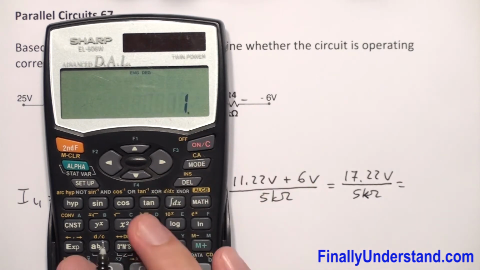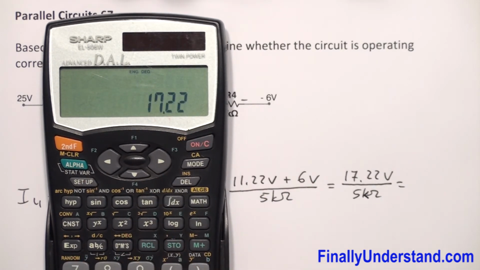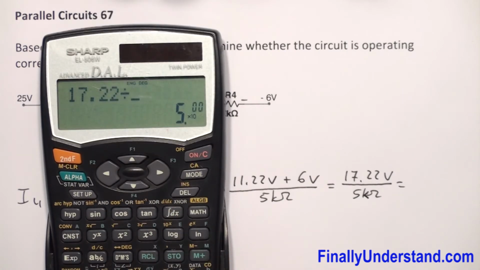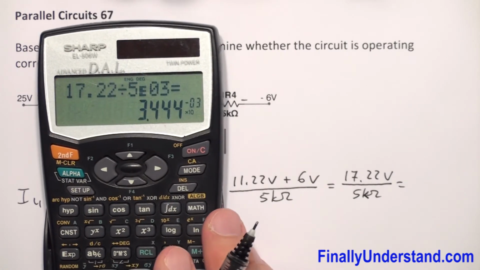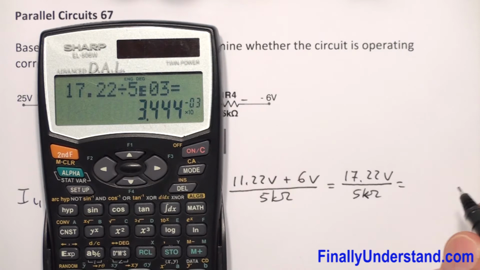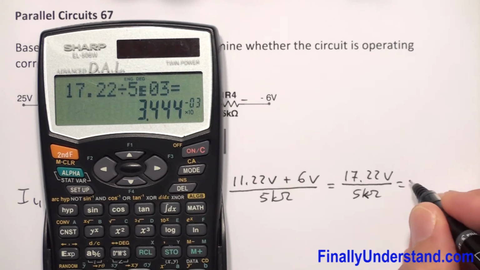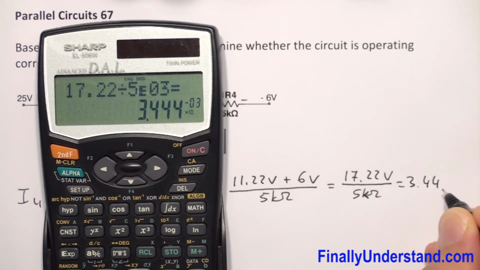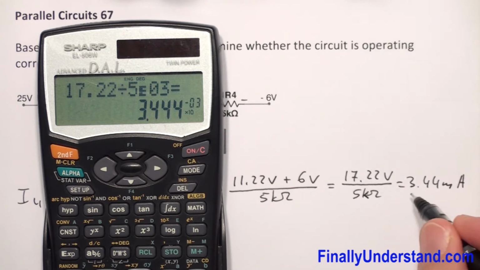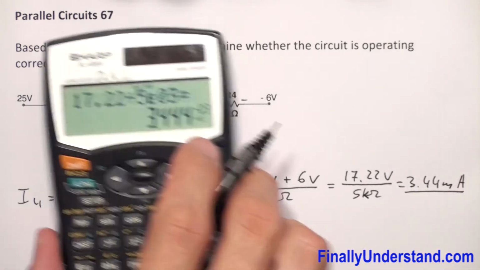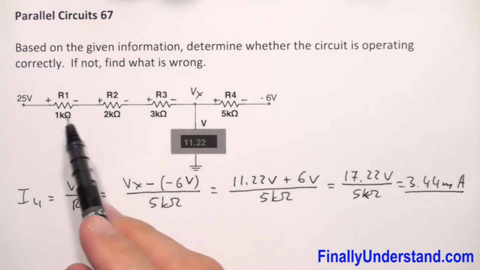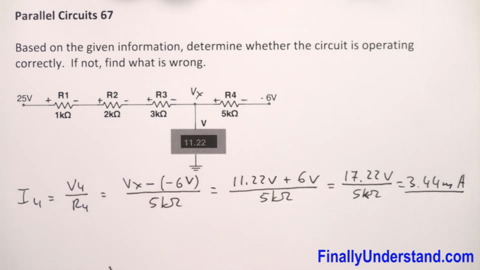We have 17.22 divided by 5 exponent 3. This is equal to 3.44 milliamps. This is my I total, the current which is flowing right now through this circuit.